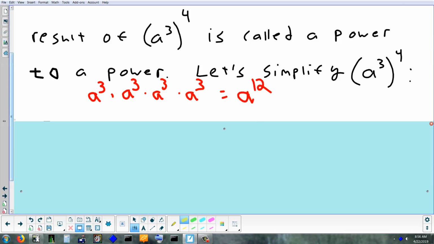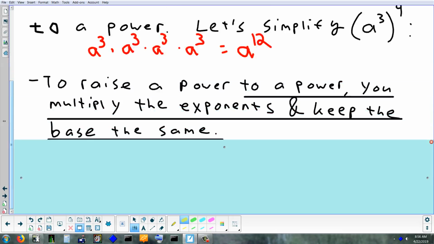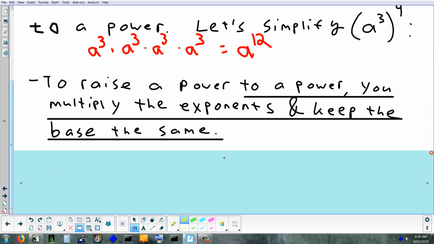So that's going to bring us to our rule. This is basically what Donovan just said. To raise a power to a power, you multiply the exponents and keep the base the same. When we multiplied powers, the base had to be the same, and we added the numbers.